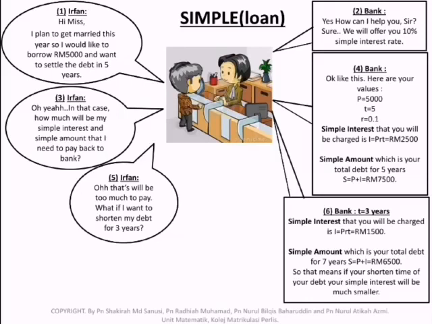So that means if you shorten the time of your debt, your simple interest will be much smaller. Well, life is challenging. The saying is true that if you succeed in study, your life will be much better. So thank you. You're welcome, sir.